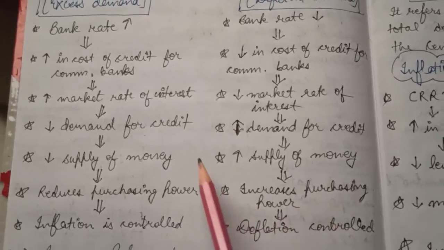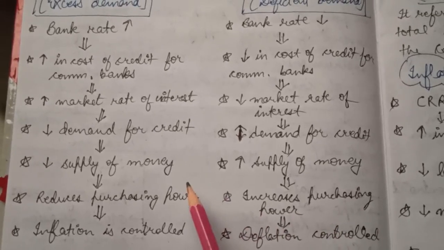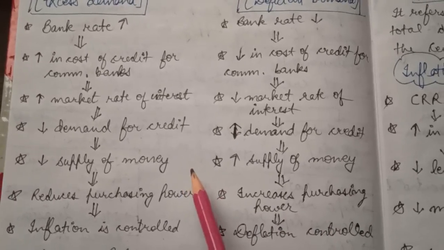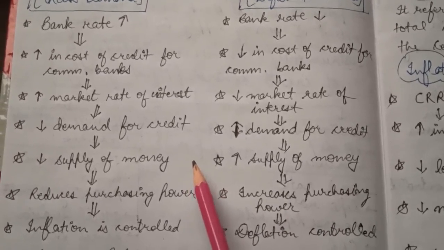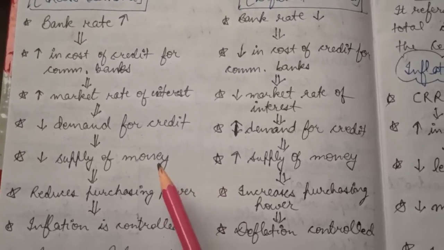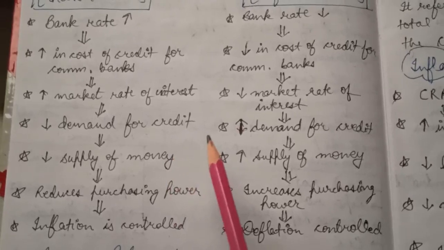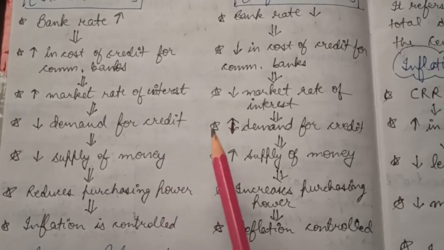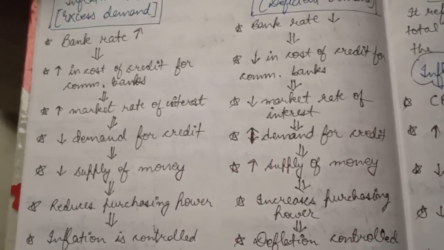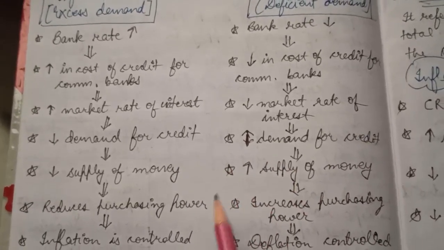Now you can take the same in case of the repo rate, because repo rate is also the same as bank rate, just the difference is that the securities which are given in case of taking loans by the commercial banks are repurchased at a predetermined price and date by the commercial banks from RBI, but it will work in a similar way as bank rate.